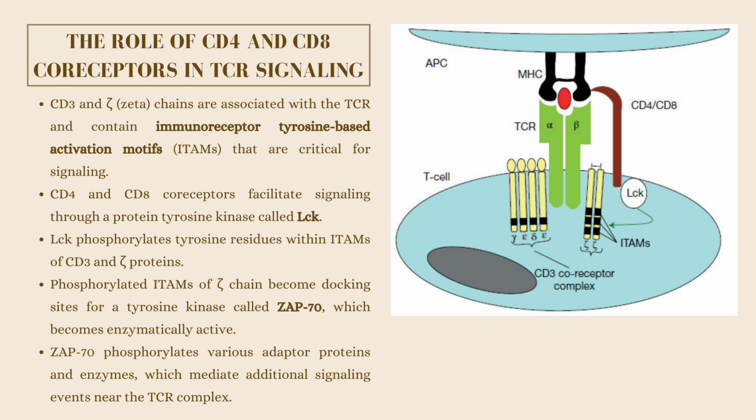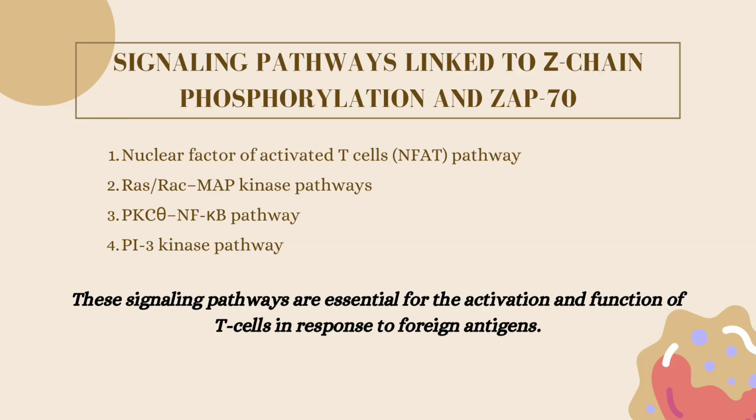CD4 or CD8 clustering with the TCR complex helps LCK kinase initiate signal propagation by phosphorylating ITAMs in the CD3 zeta chains. So, there are four major signaling pathways linked to zeta chain phosphorylation and ZAP70.